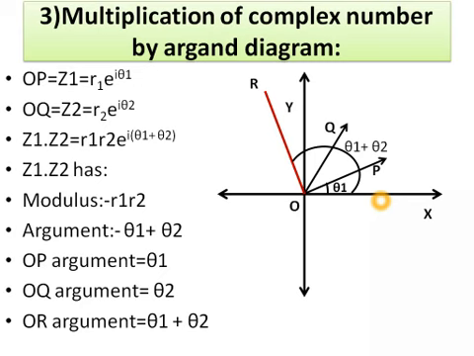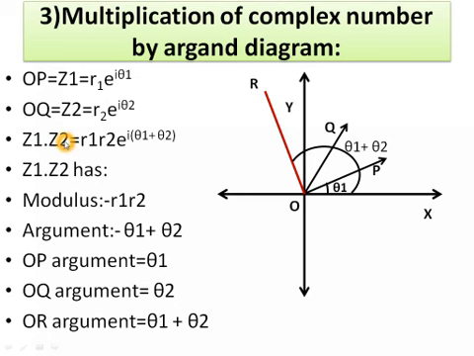The second complex number, as I told you, we call Z2, and it has been shown over here as a new vector, that is OQ in this diagram. It has been depicted that the distance OQ is equal to the modulus R2, and OQ makes an angle of theta 2 with respect to the axis of reals, or the positive x-axis. We have OP and OQ, and our area of interest is to understand the process of multiplication. For that, we have taken Z1 multiplied by Z2.